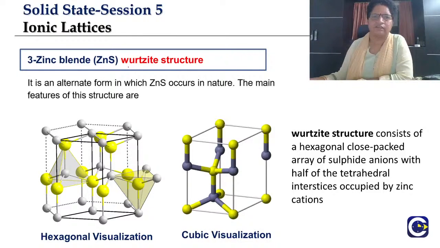We also have another structure called the zinc sulfide wurtzite structure. It's a hexagonal closed pack structure. Can you visualize it? You can see the void clearly shown.